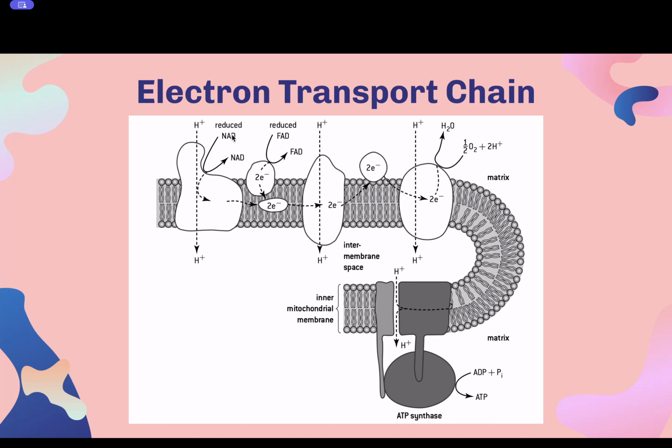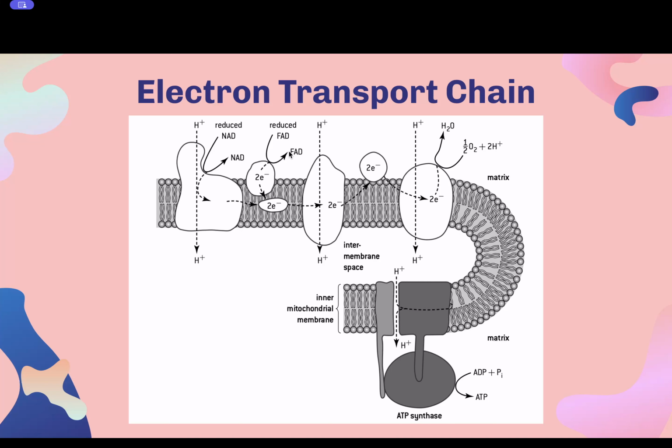Basically, reduced NAD gives the H plus ions, it gives 2 electrons, and it gives the energy required to pump the H plus from the matrix into the intermembrane space. Then the 2 electrons move into the other integral protein, and after this step is where FAD joins in. Reduced FAD will deposit electrons as well.